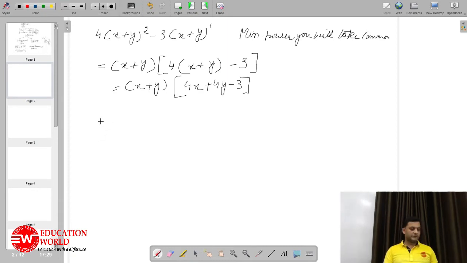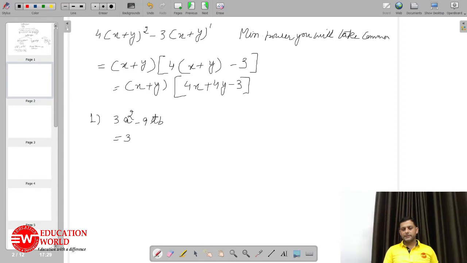So we'll take one question from the exercise, like your first question: 3a square minus 9ab. So quite easy. 9 and 3, it is 3. You know that.